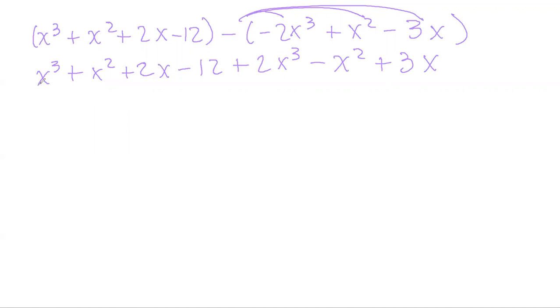Combining like terms, x cubed plus 2x cubed, so I get 3x cubed, x squared minus x squared, those cancel. 2x plus 3x, I get plus 5x, and then minus 12.